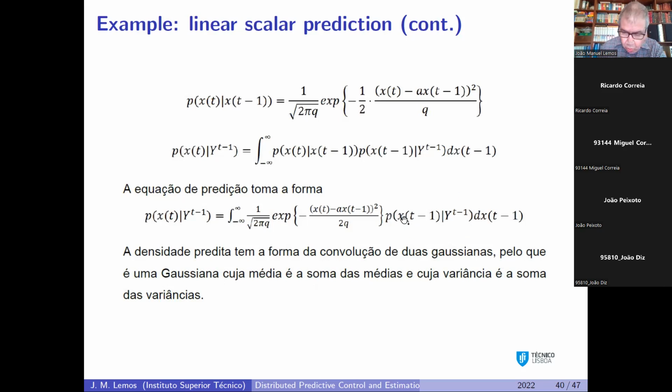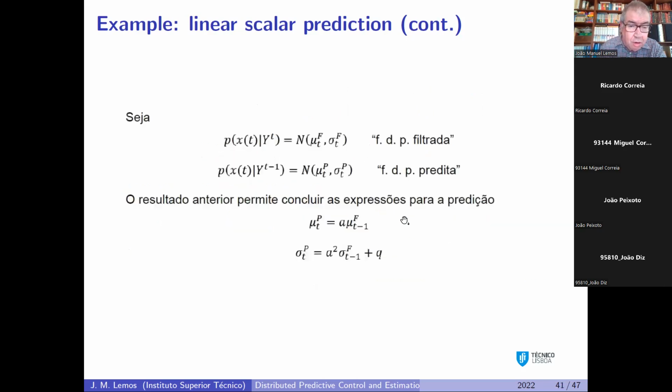So we can apply the formulas for the convolution. This is the formula for the update of mu.